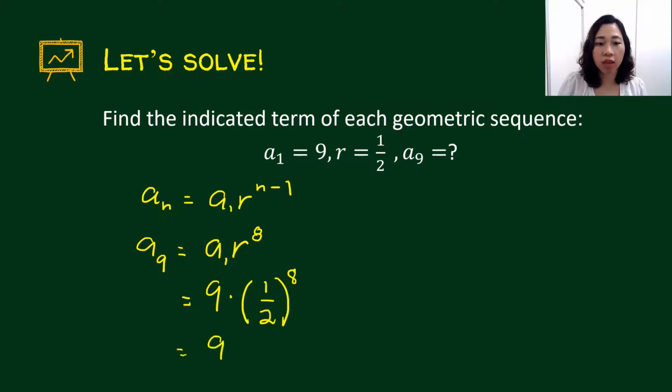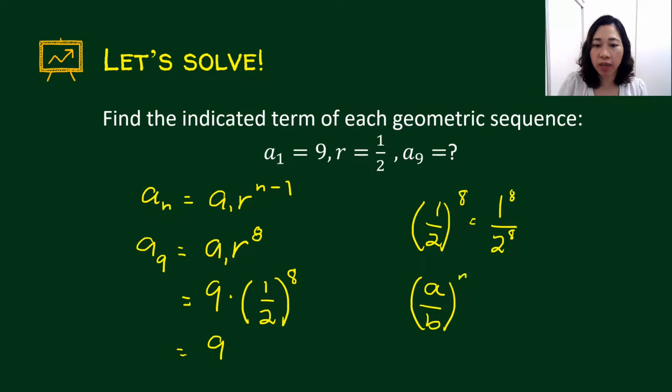What is that? 1/2 raised to 8 is 1 raised to 8 over 2 to the 8, correct? Laws of exponents. Recall that if you have a over b raised to m, you simply distribute the exponent, correct?